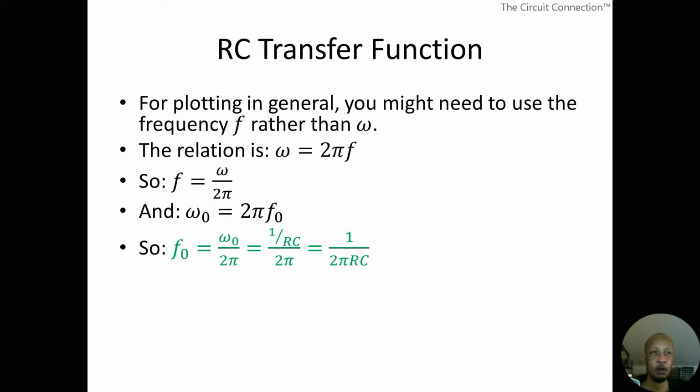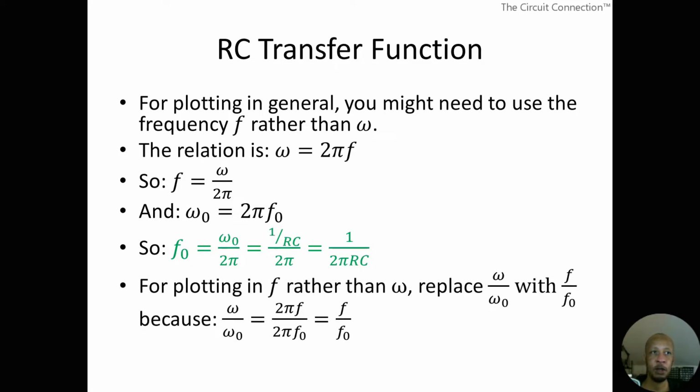And what is W0? W0 is 1 over RC, and then that simplifies to 1 over 2 pi RC. So F0 is equal to 1 over 2 pi RC. That's what F0 is, and you're going to need to use that when you come up with different calculations.